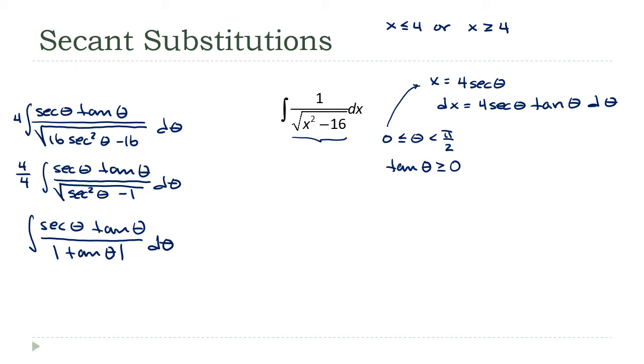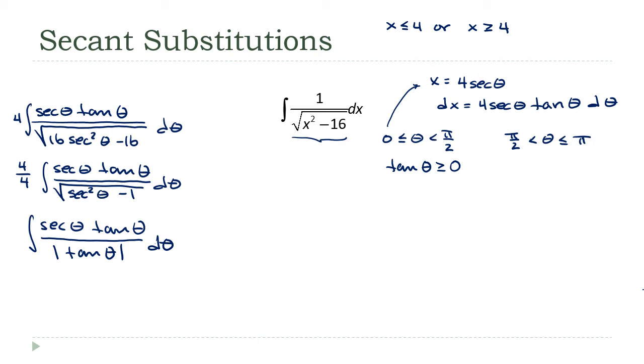But that doesn't cover the left-hand side. That doesn't cover the numbers that are less than or equal to negative 4. To get those, we have to let theta be on this other side, where it's between pi over 2 and pi. That gets me all the negative values. The secant is negative for those values of theta.